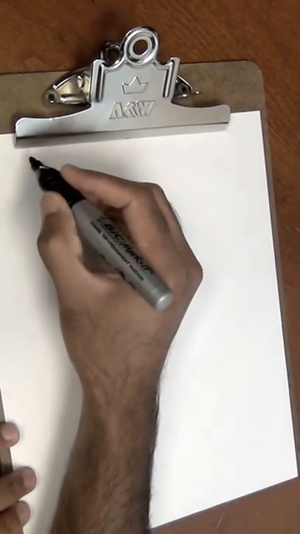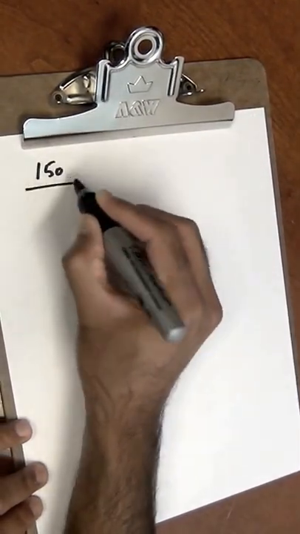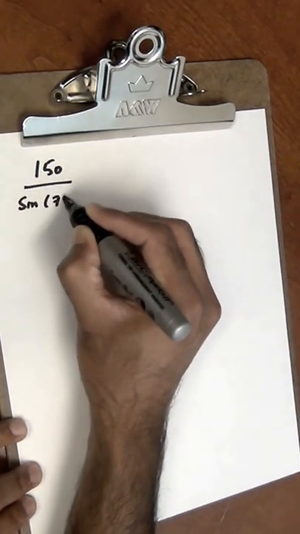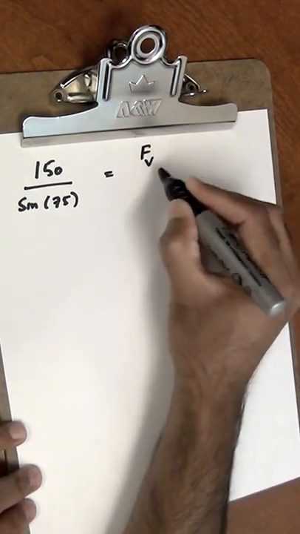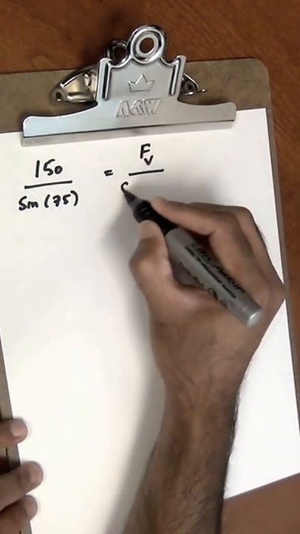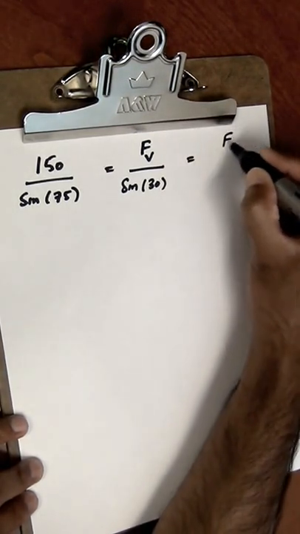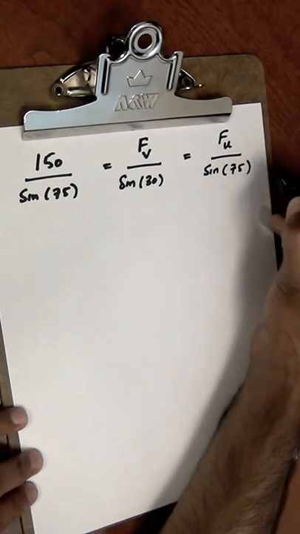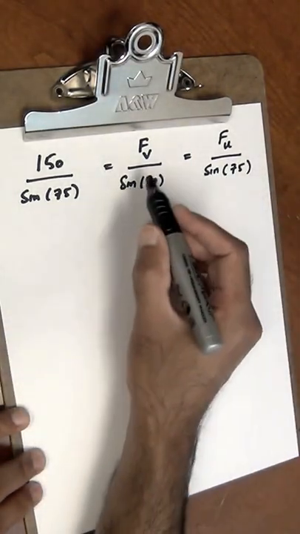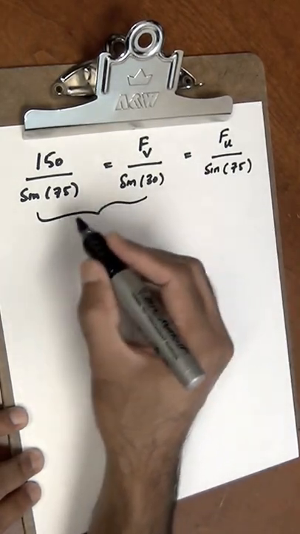I have the following ratios. F I know is 150 newtons, so this is going to be 150 by sine of 75 degrees. This is going to be equal to F suffix v, which is unknown, which we can find out now. It's divided by sine of 30, and this is equal to F suffix u by sine of 75 once more. So I can find out F suffix v by considering these two and cross multiplying.